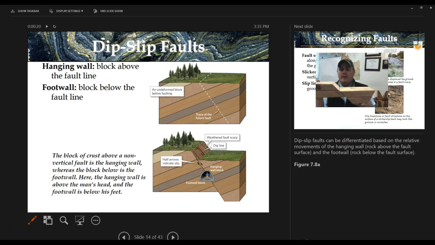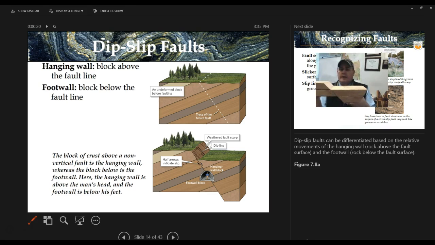That's what we call a normal fault. Now notice, to actually get this fault, I had to move it apart. So that's your divergence, right? The two blocks have to be moved apart for that to happen. We call that a normal fault, where the hanging wall goes down relative to the footwall, and the footwall goes up relative to the hanging wall.